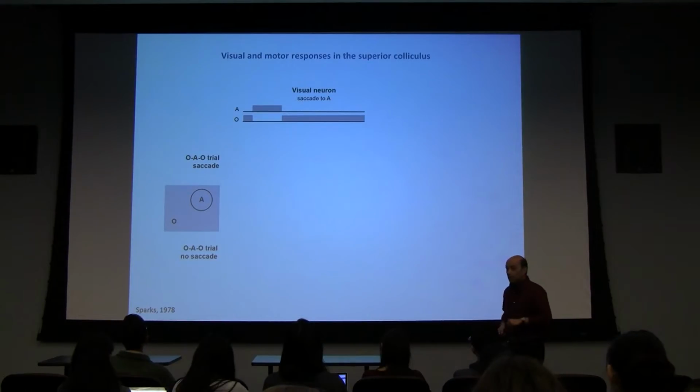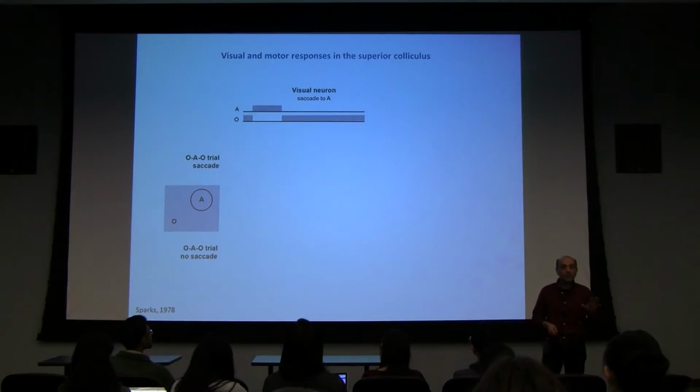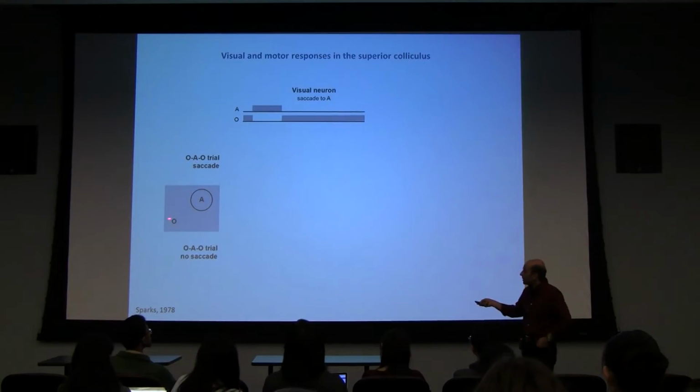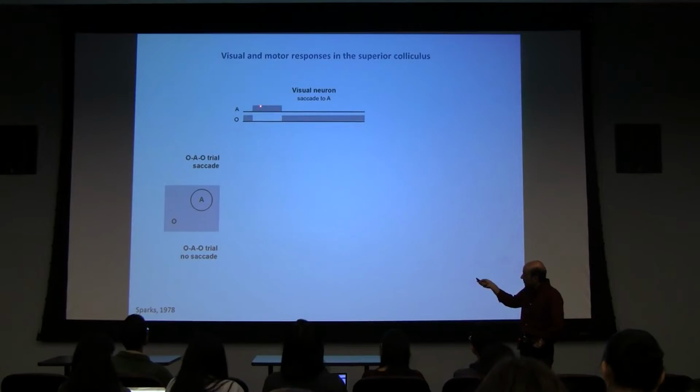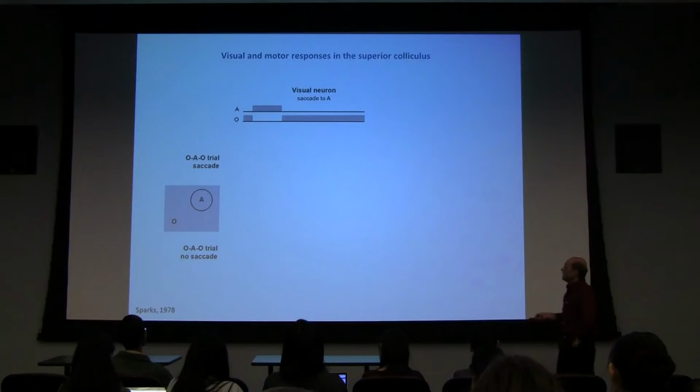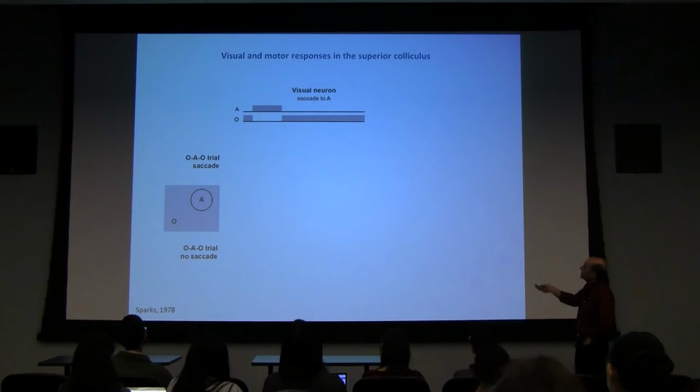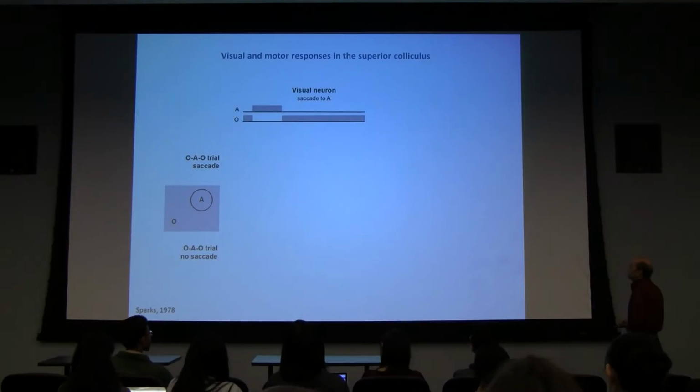Okay, in this experiment, the monkey is looking at this dot here. The dot is going to go away, the fixation is going to go away, and a dot is going to appear in location A. David Sparks is recording from that superficial area, that place in the superior colliculus where things look like the retina, if you will.